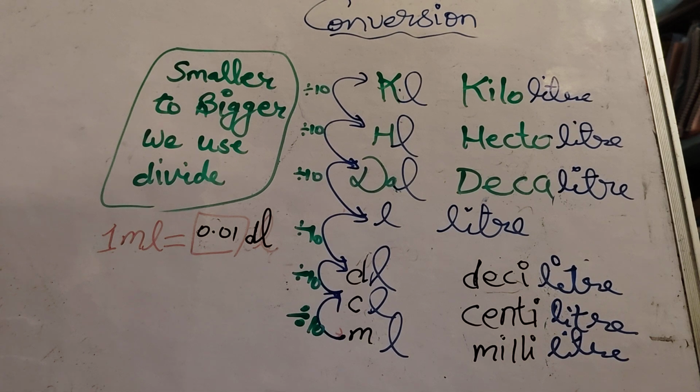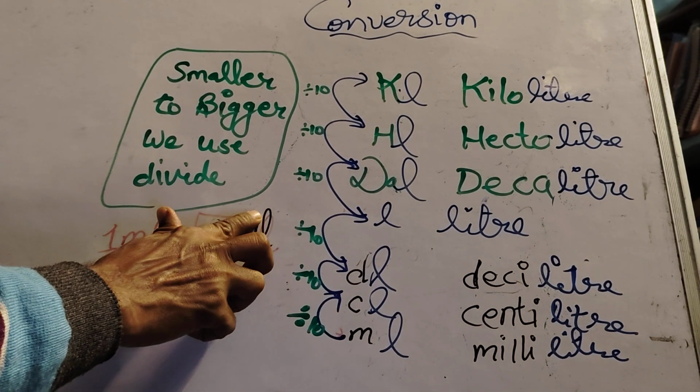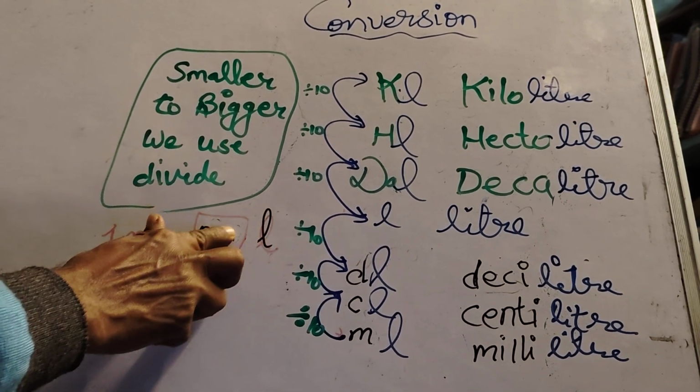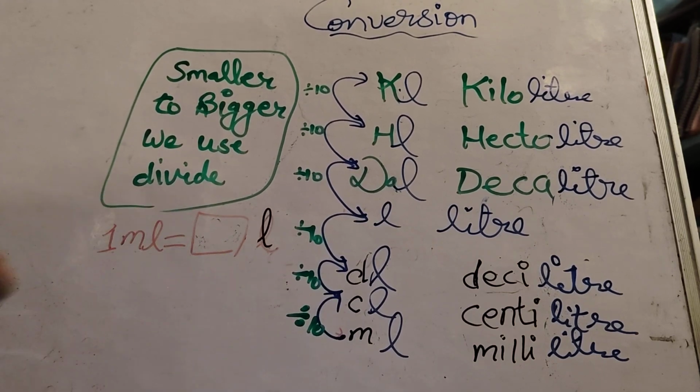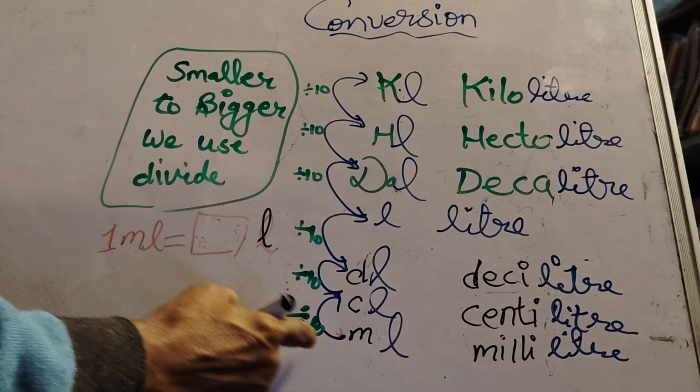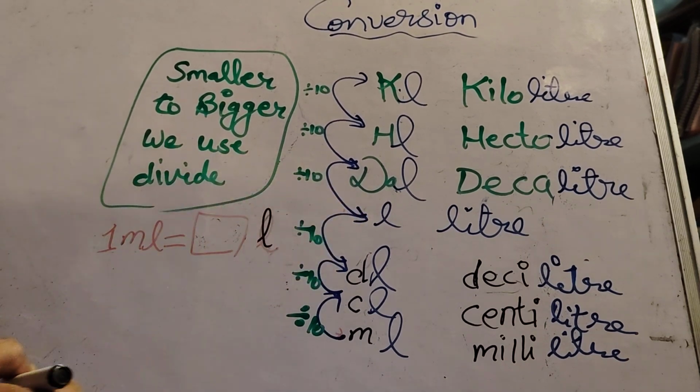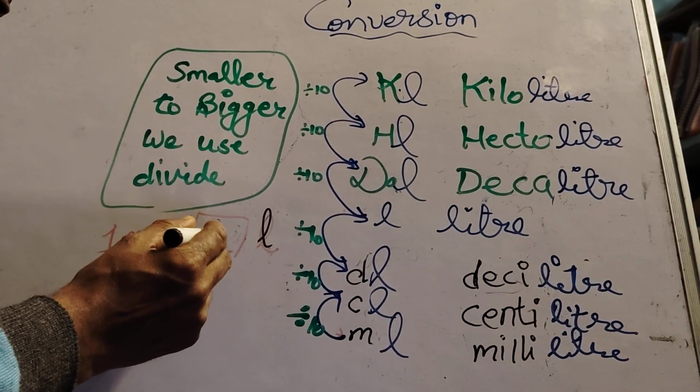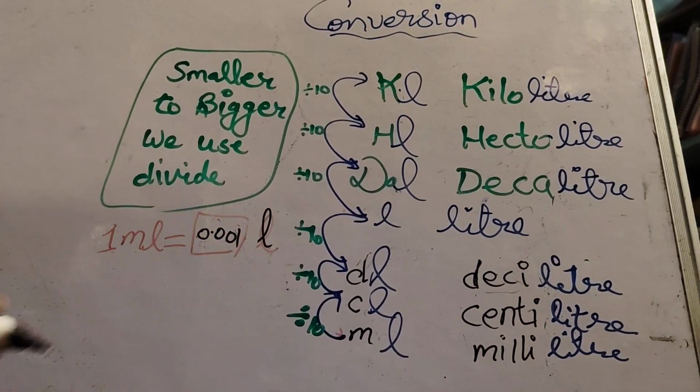Okay, I get it. Now 1 milliliter equal to how many liter? 0.001. Correct.